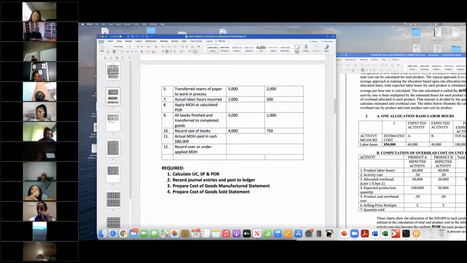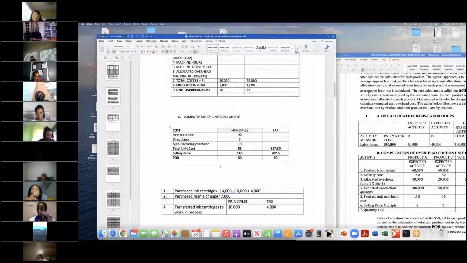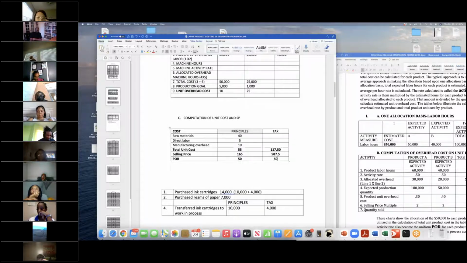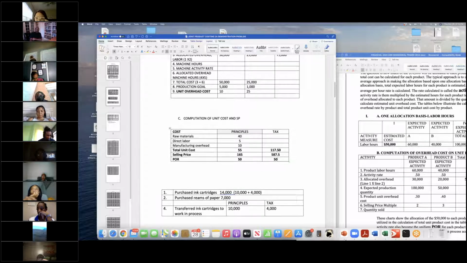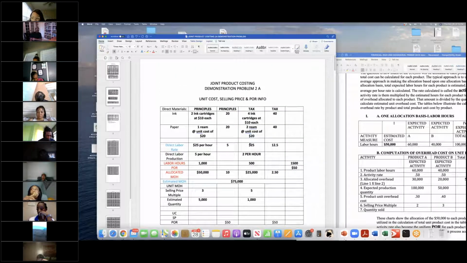So let's start with buying the raw materials. You purchase 14,000 ink cartridges and 7,000 reams of paper. You're buying that for both books. So when we look up here, the ink cartridges cost what? $10 each. And the paper costs $20 a ream.